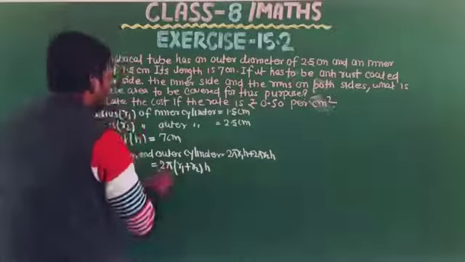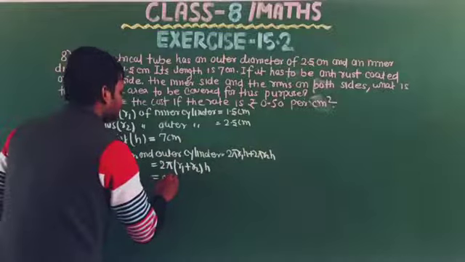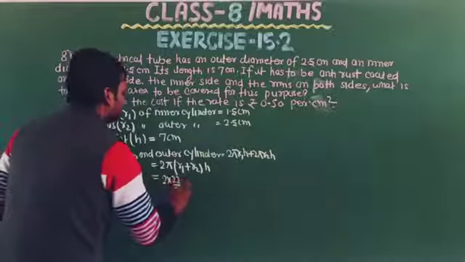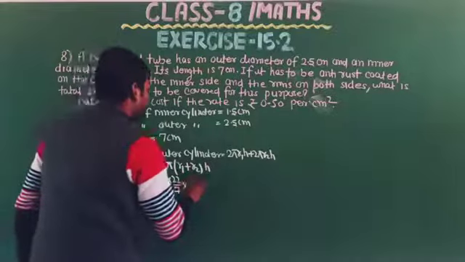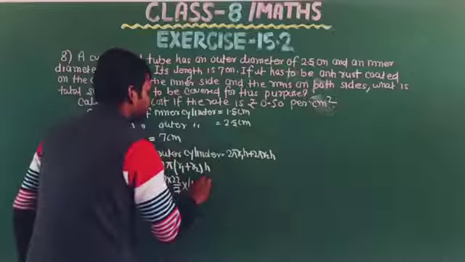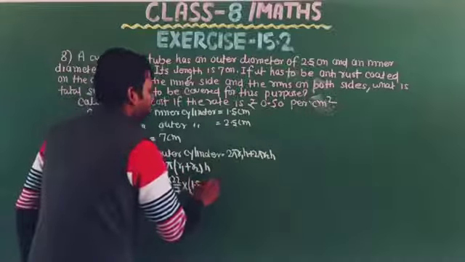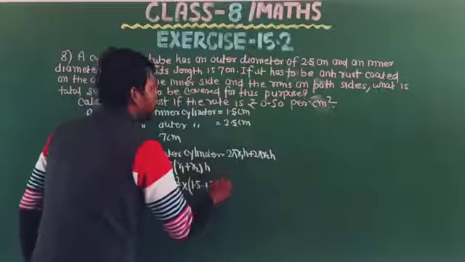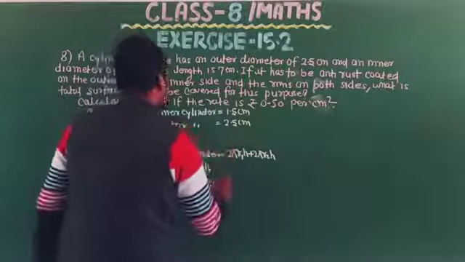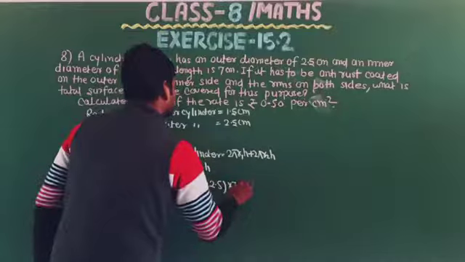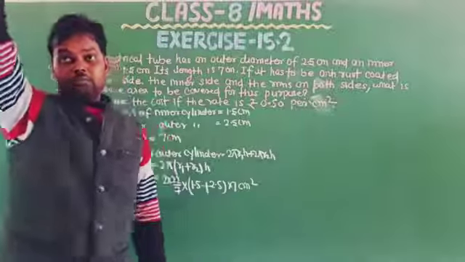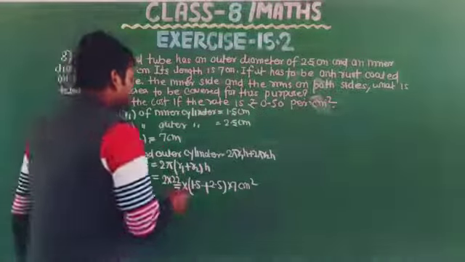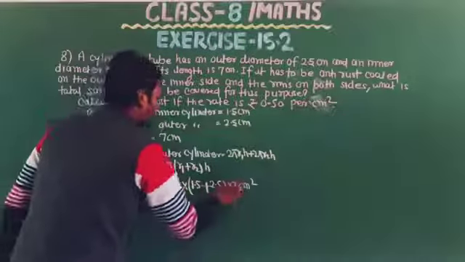Now substituting the values, this is 2 into 22 by 7, and radius r1 is 1.5 plus r2 is 2.5, into h is 7 centimeter. Now simplify. So 7 cancels out.